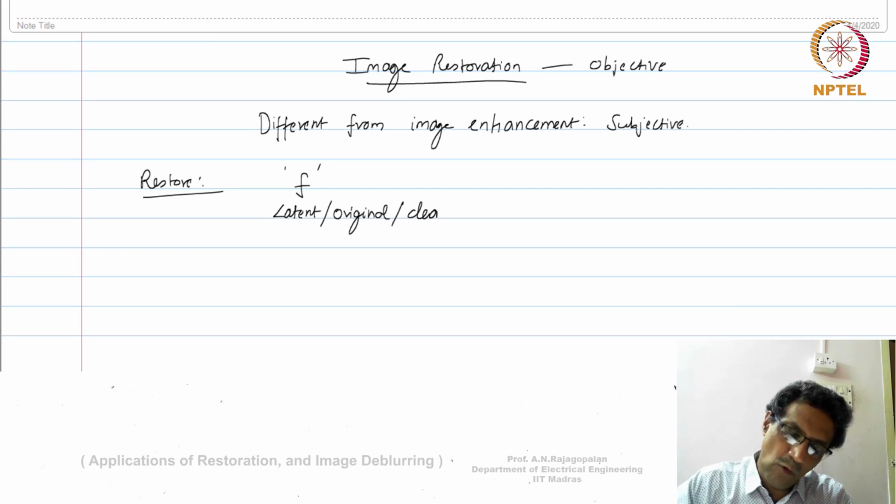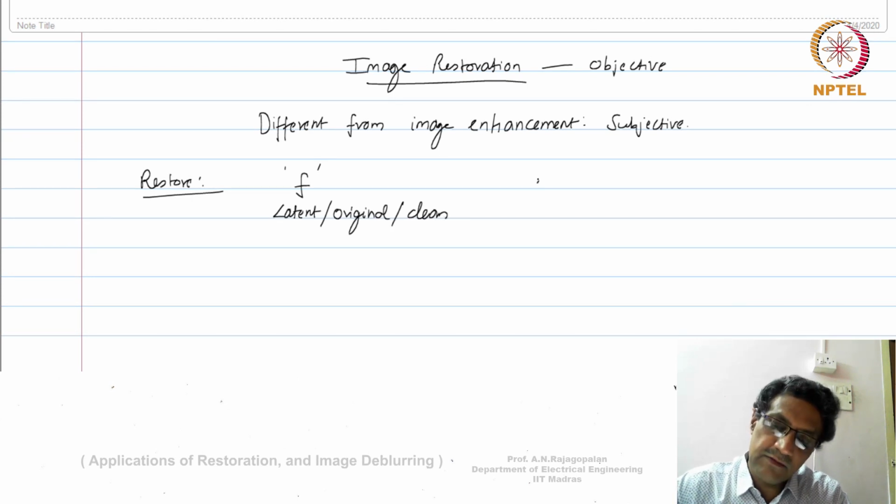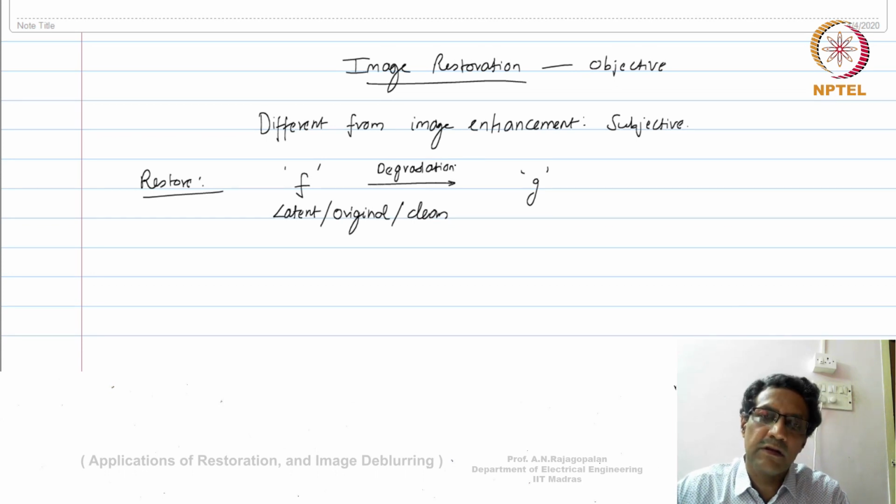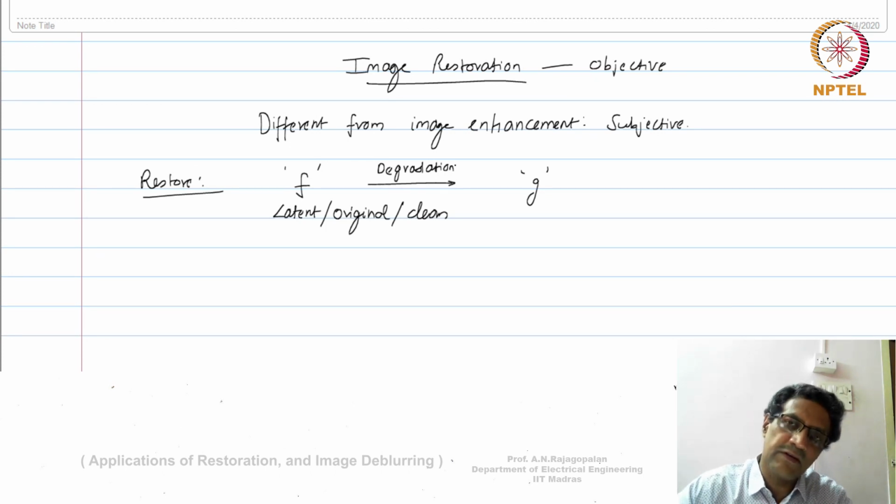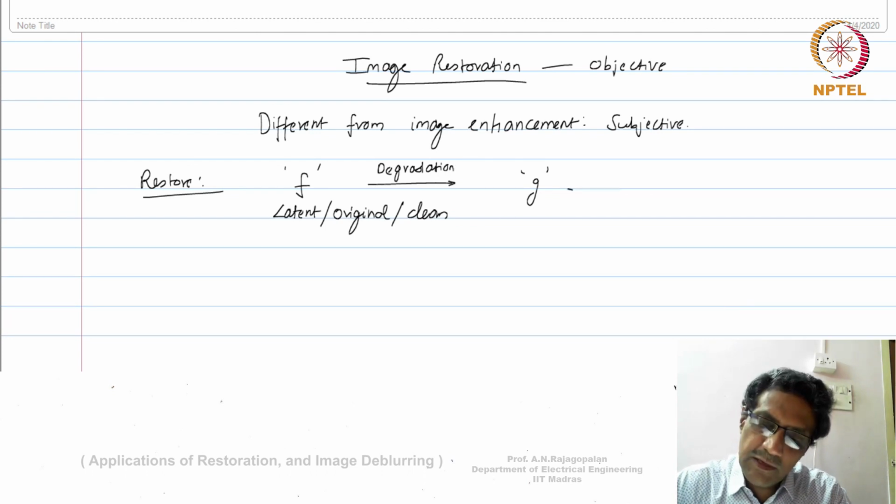What you end up seeing is something G instead of F. What you actually end up seeing is G, and F has undergone some kind of degradation. A degradation does not necessarily always mean only noise. You could have various kinds of degradation, some of which I will list. F undergoes some kind of degradation, it could also be noise and a combination of other factors, to give you G.